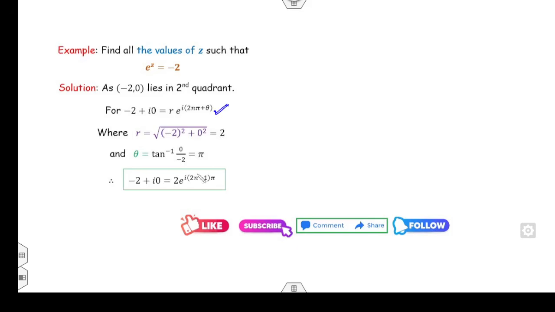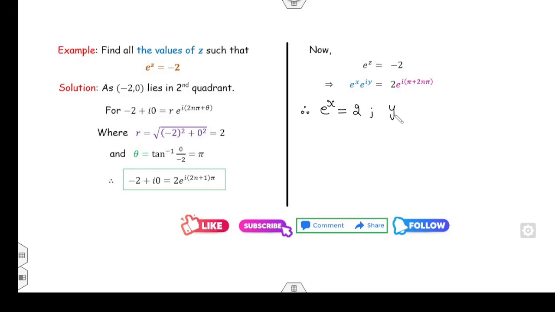I can substitute in the equation. So therefore, e raised to power z will be twice e raised to power iota (2n plus 1) pi. I can substitute the value of z, x plus iota y. Compare the coefficient. E raised to power x is my 2, y will be pi plus 2n pi.